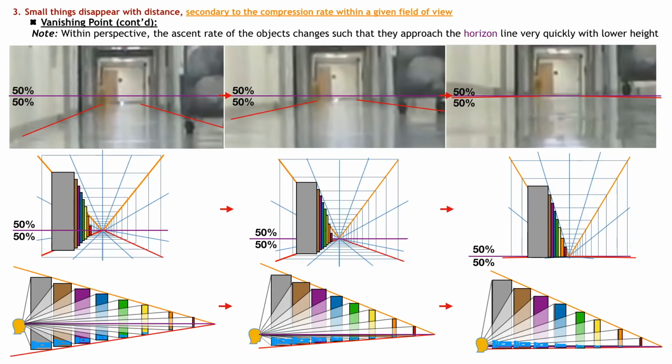So as I am lowering my eye height, and I have extrapolated some buildings, let's call them these rainbow colored buildings in a row, I get to the point where the red lines have approached the purple line, which is that horizontal vanishing line. And I am still viewing, however, that lower floor, that 50% of vision is still taking up that small sliver of information. So we'll cover this more in detail as we go.